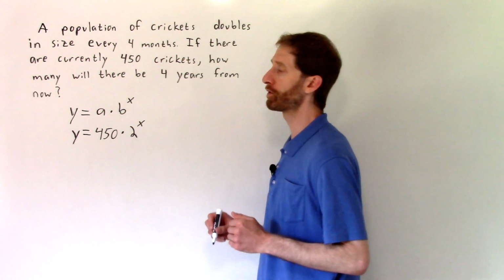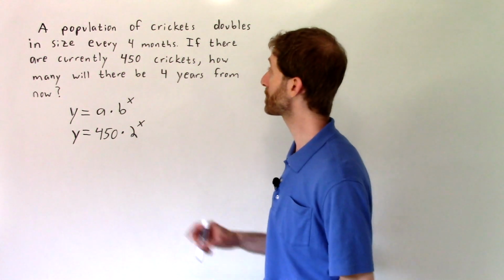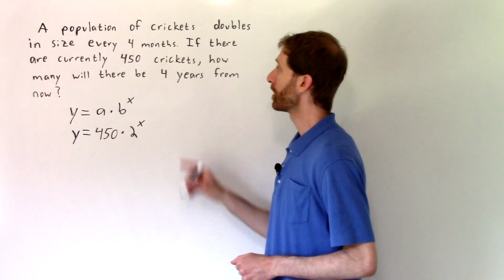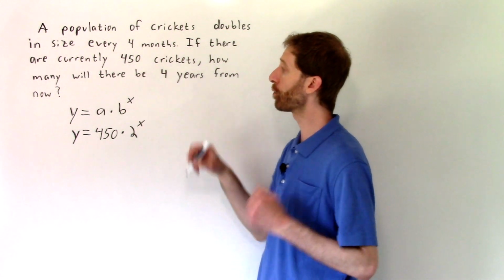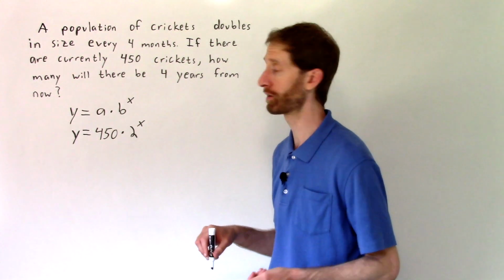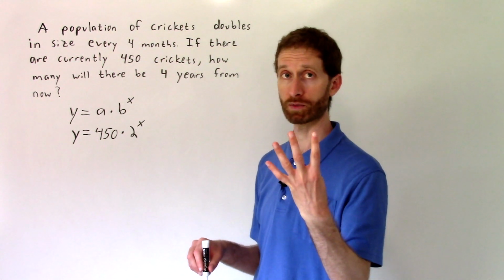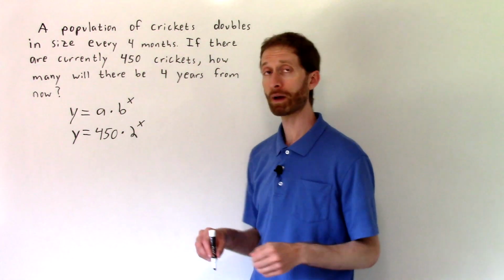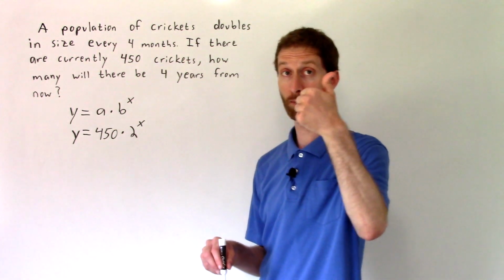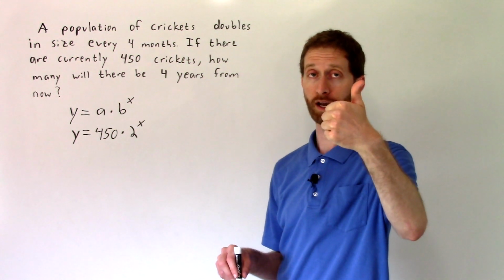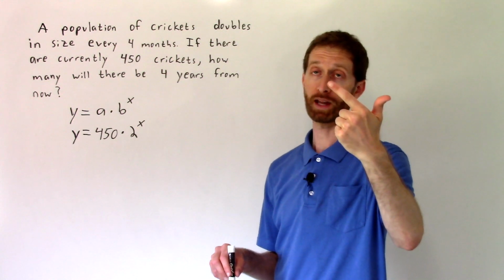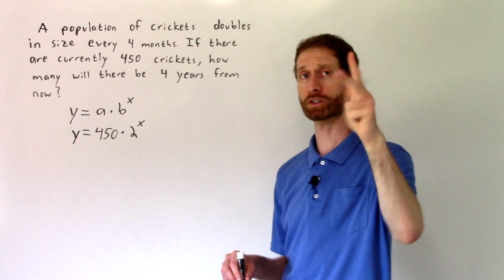We just need to be careful now with how often we double, because it says we double every 4 months. So if 4 years have gone by that we're calculating, we're not doubling 4 times. If we double every 4 months, in 1 year, well, 4 months is 1 time. Another 4 months, that brings us to 8 months, is 2 times. Another 4 months brings us to 12 months.